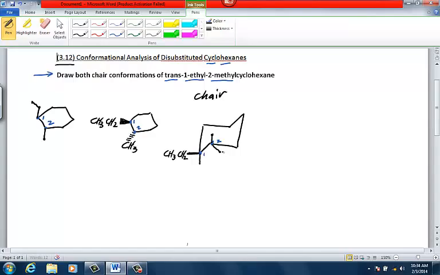And if I want my methyl to be down, the wedge or vertical down, I could put CH3 here.